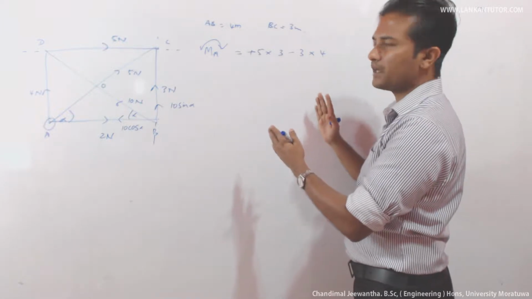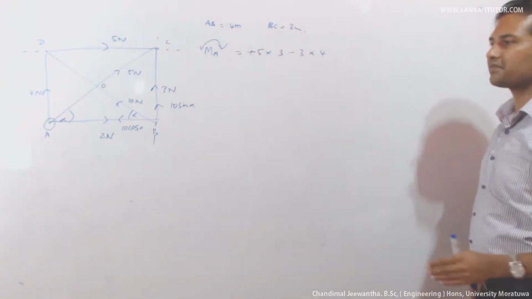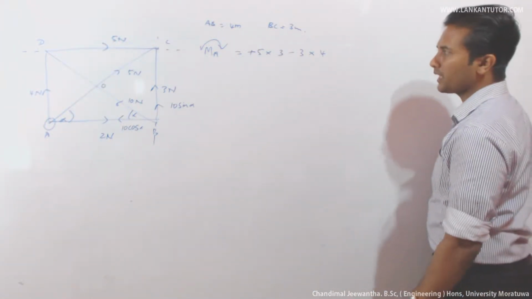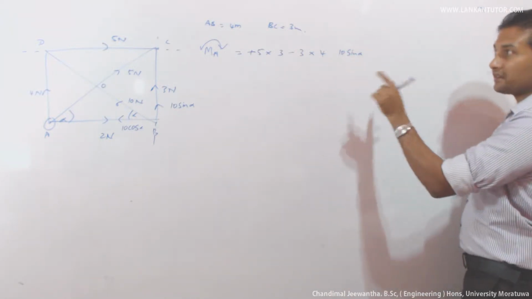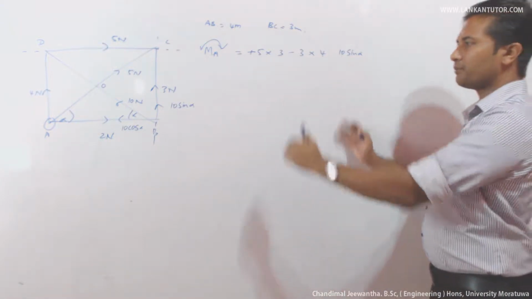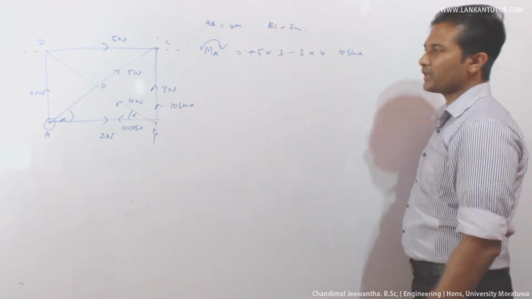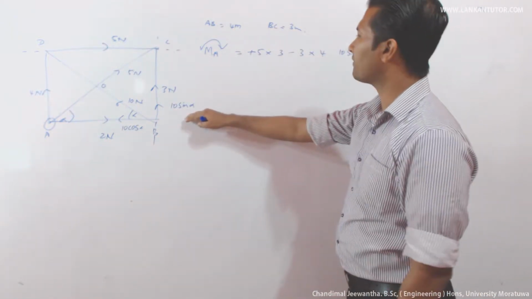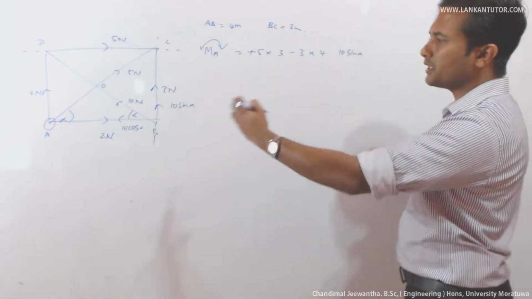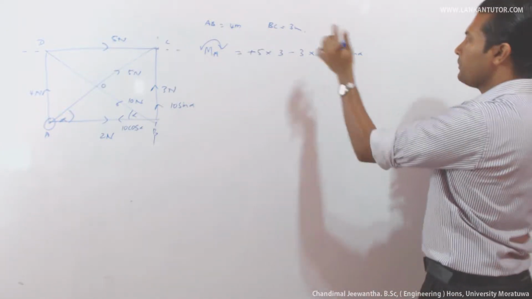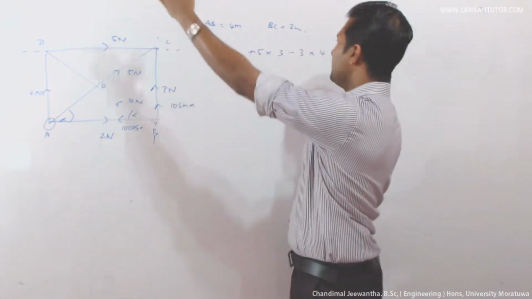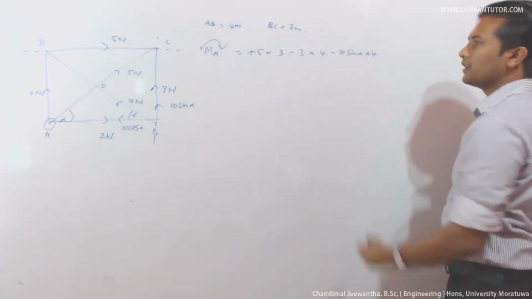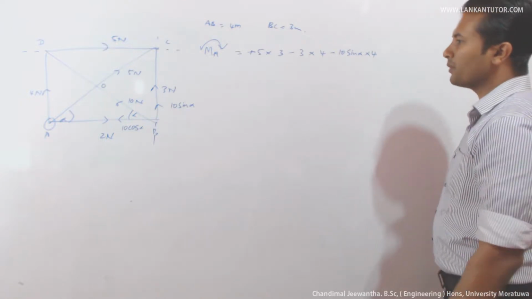It should be 10 sin alpha because 10 cos alpha goes through point A. So 10 sin alpha is the force. The perpendicular distance should be AB. AB is 4. What happens to the direction? Again anti-clockwise. Therefore this is negative.